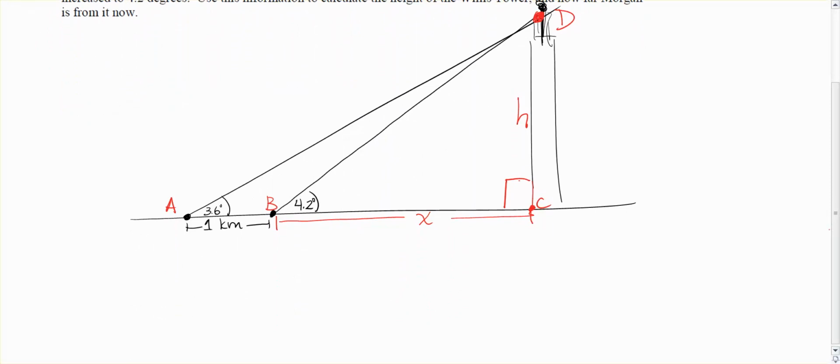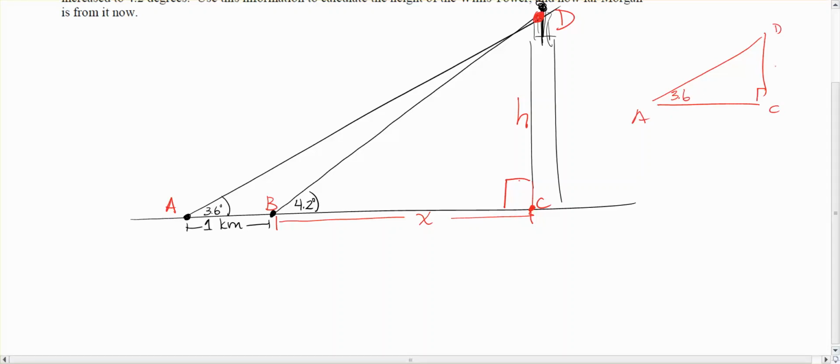So let's set up an equation that we can use. If I look at the big triangle, A, C, D, this one's 3.6 degrees, this is H, and this is X plus 1. And if I look at the smaller one that fits inside of it, here's H, this is 4.2 degrees, and this is X, the right angle.